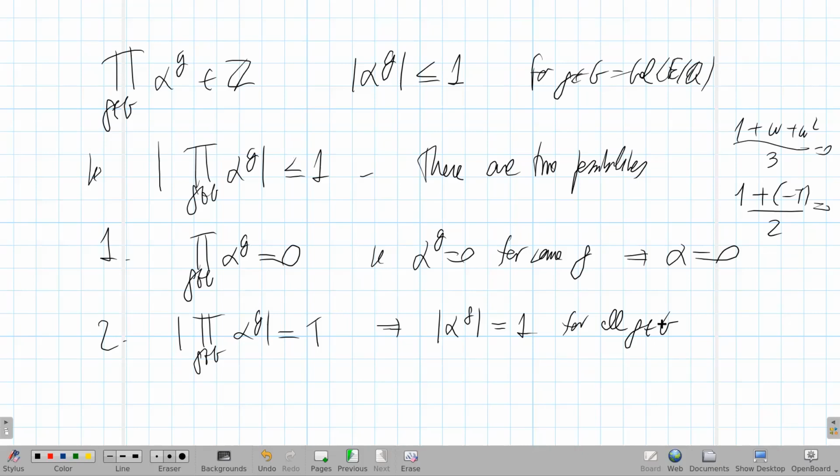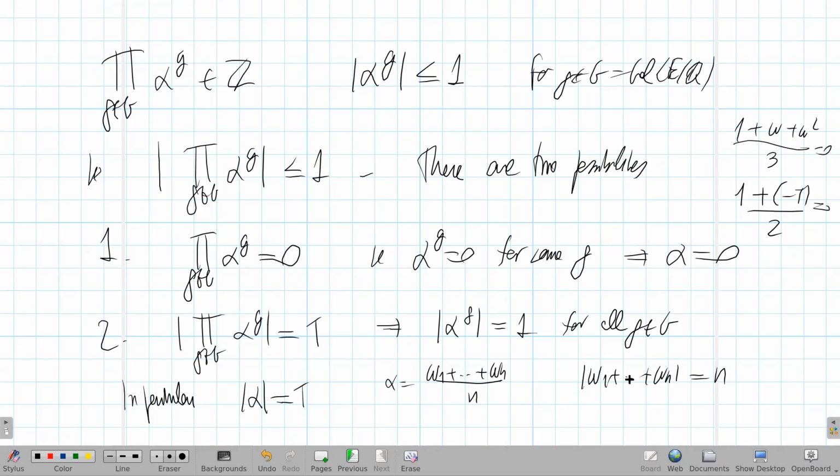And in particular, for all g in G, the absolute value of alpha is 1. But what's alpha? Alpha is the sum of this stuff divided by n, okay? And so to say that alpha has absolute value 1 means that the absolute value of the top has to be equal to the absolute value of the bottom, which is n.